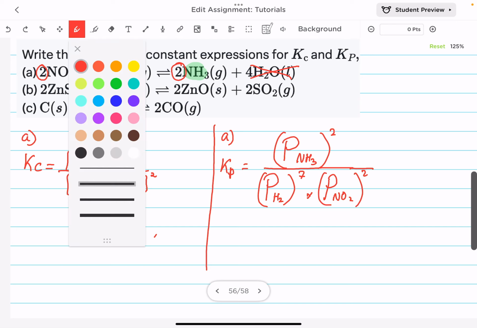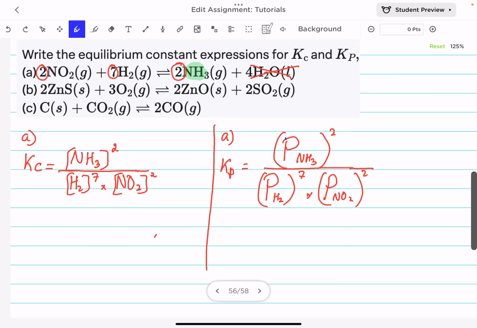You need to write that big letter P. P represents pressure. It's the symbol of pressure, whereas brackets is the symbol of concentration.